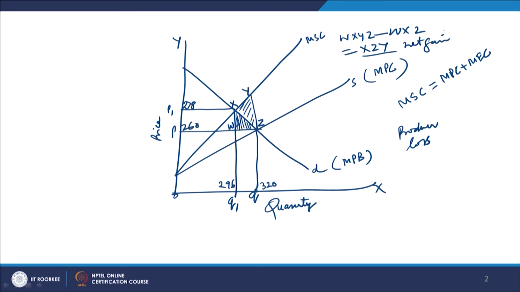So, when external cost is included in the production process, then the society will gain. The welfare of the society will improve due to reduction in the pollution. So, this is what is stated in this graph.